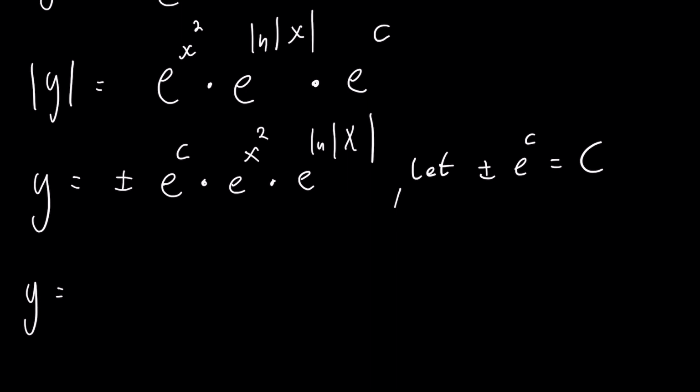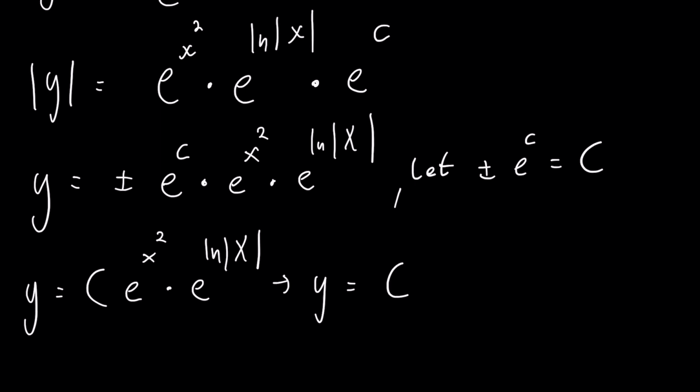So we have y equals c e raised to the x squared times e raised to the natural log of x. And now we could simplify this into c e to the x squared, and e raised to the natural log of x is just x.